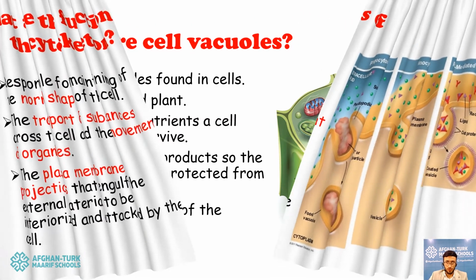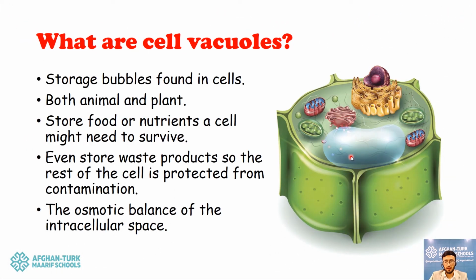About the cell vacuoles. Cell vacuoles are small sac-like structures. Mainly, they store different types of materials. For example, in plant cells, vacuoles store water. They are like storage bubbles found in cells.